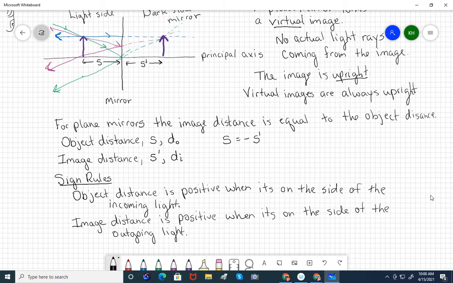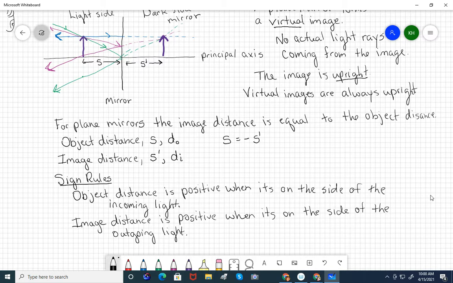In the above example, S prime is on the dark side of the mirror, where there is no incoming or outgoing light, or, if you're thinking mirrors, no incident light and no reflected light. So behind a mirror is always going to be a negative image distance.